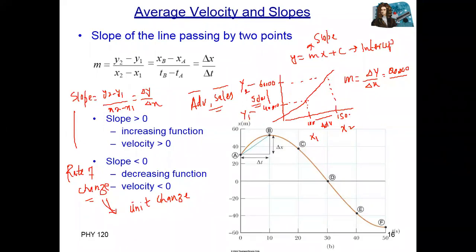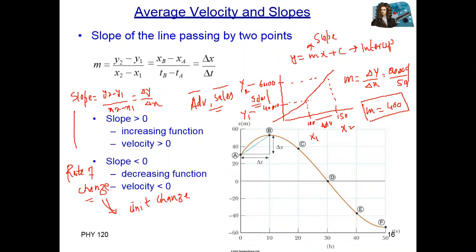First was 100, then 150, so the change is only 50. So slope is 20,000 divided by 50, which equals 400. Slope is equal to 400.